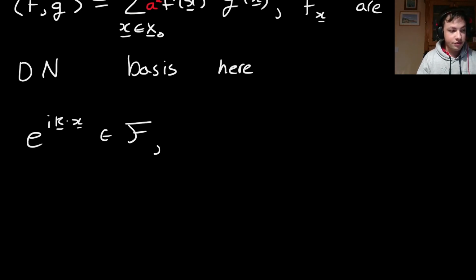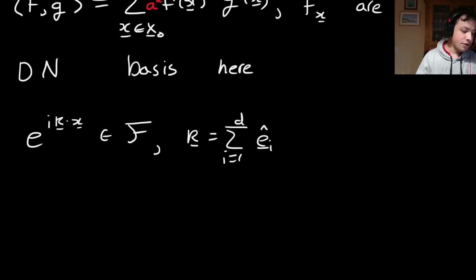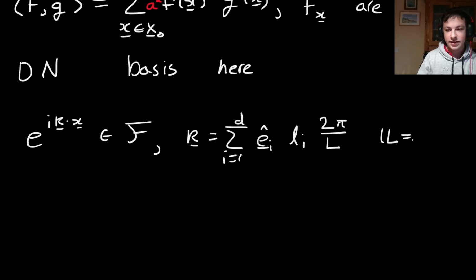And so this imposes a requirement that k is equal to a sum from I equals 1 to d of ei, multiplied by an integer li and the inverse lattice spacing, 2 pi over L, where L is NA, and Li is any integer. And you can see that this will give us periodicity.